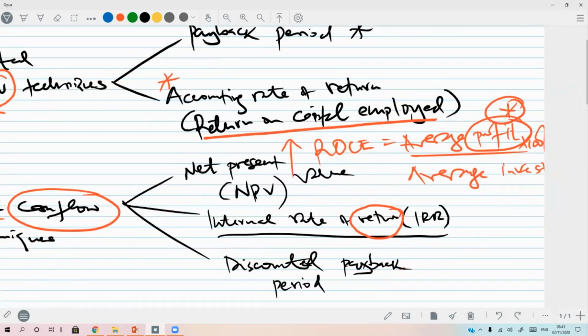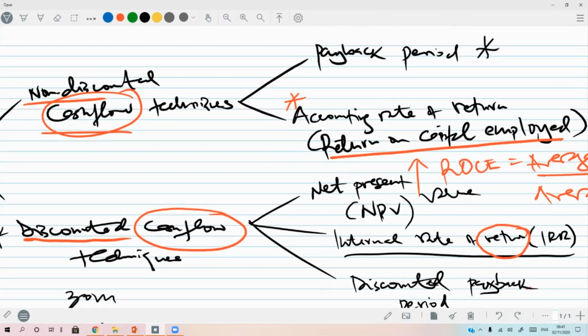But it implies, therefore, that we need to quantify the amount of cash flows that we earn from an investment. We need to quantify how much cash is going to be earned by the company every year for the next, for example, N years. So the key part where you may make a mistake, and of course where there are more marks, is getting the cash flow from the investment.